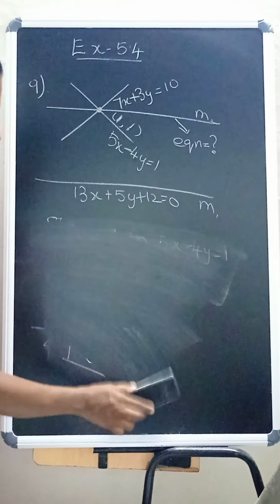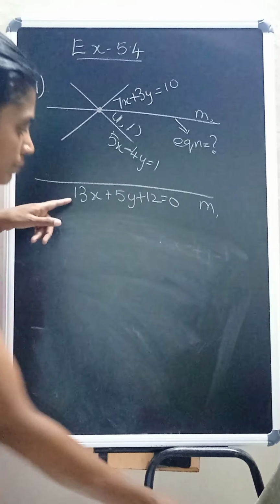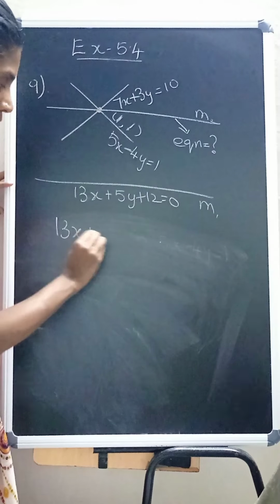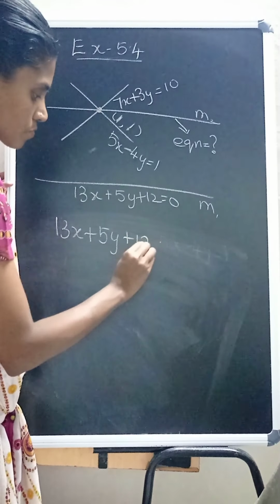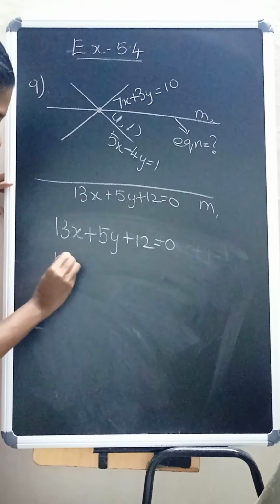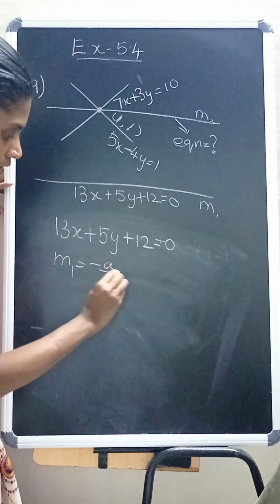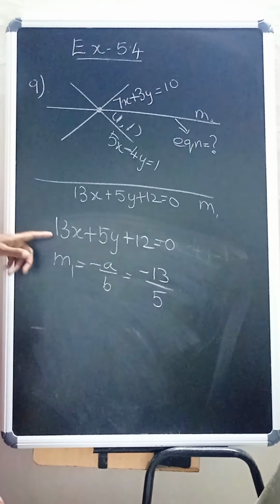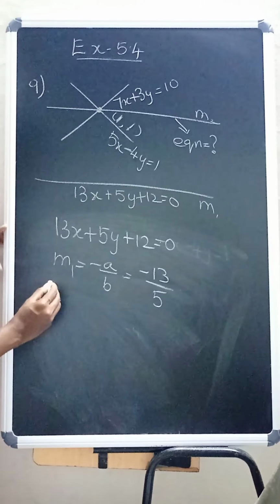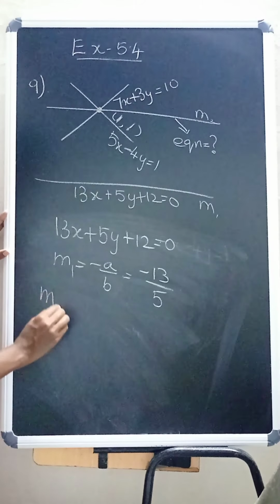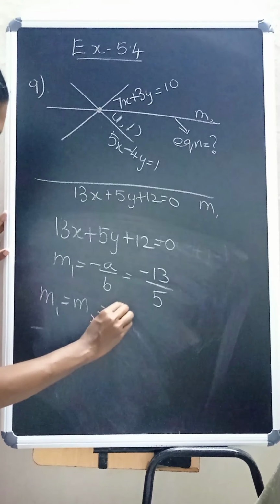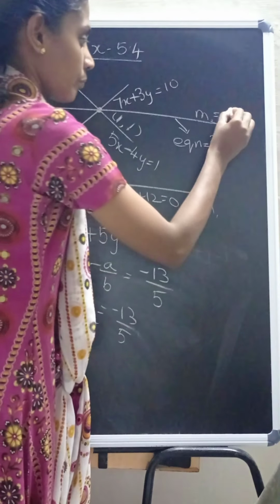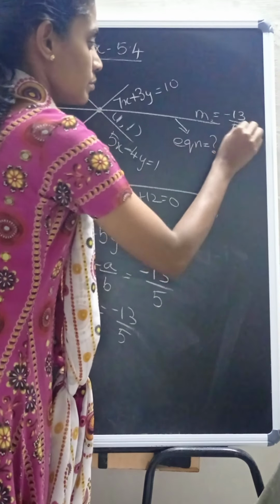Now, you will find the slope m1. This equation is given. So, slope m is equal to minus a by b. So, minus 13 by 5. Now, since these two lines are parallel, m1 is equal to m2 is equal to minus 13 by 5.